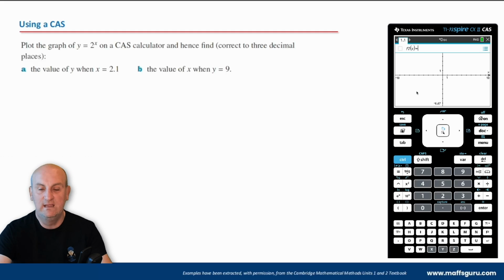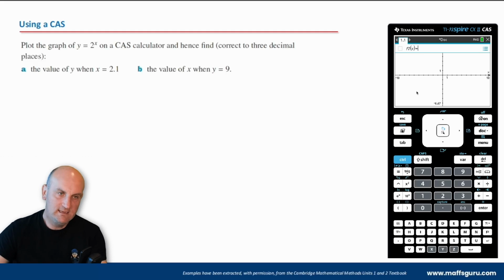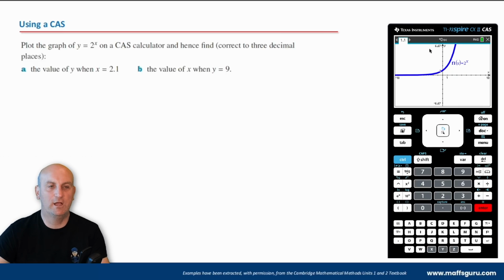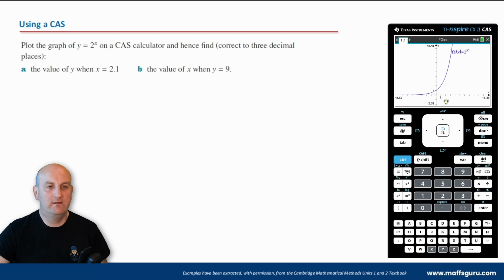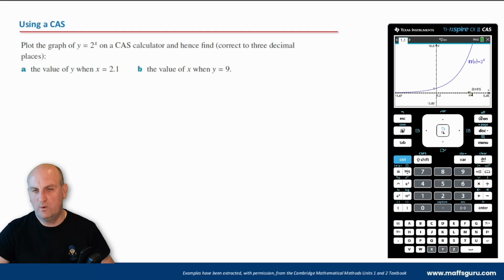Sorry, ClassPad guys, the functionality is fairly similar on your calculator. So if I now go 2 to the power of x, he says, once again hitting the wrong button, and hit enter, ka-ching, move my graph down a little bit, and then let's make that a little bit wider. Now, what does it want? Find the value of y when x equals 2.1.